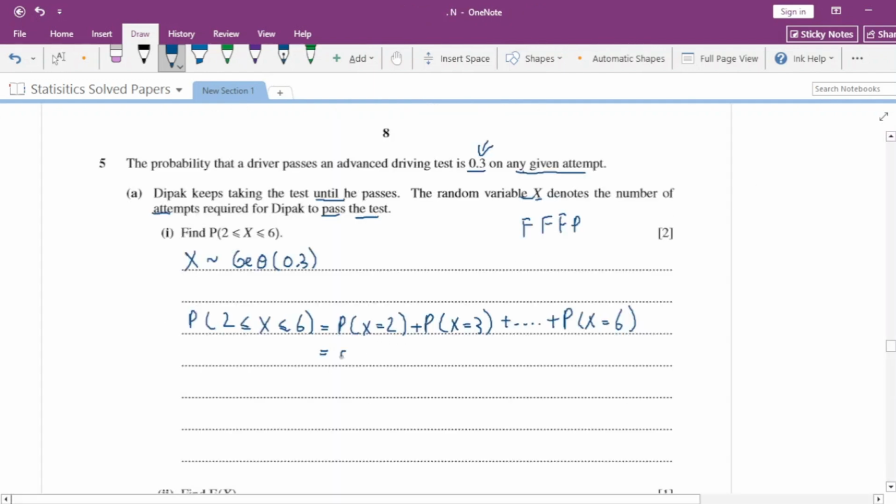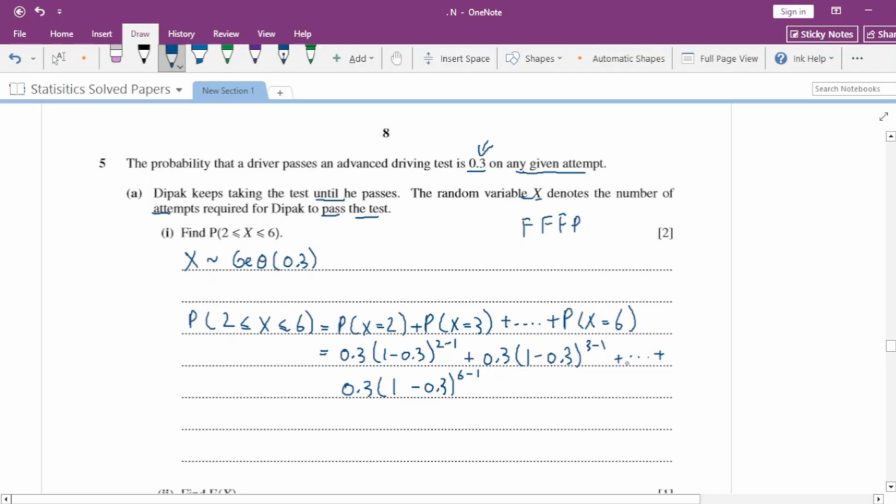So we can write that down here. For probability of x equals 2, that would be 0.3 times 1 minus 0.3 raised to the power 2 minus 1, plus 0.3 again times 1 minus 0.3 raised to the power 3 minus 1, and so on until you get 0.3 times 1 minus 0.3 raised to the power 6 minus 1.